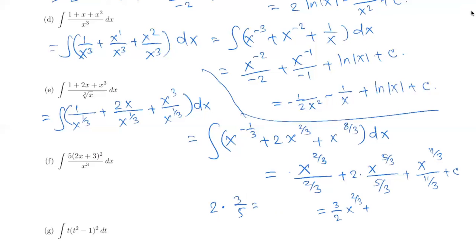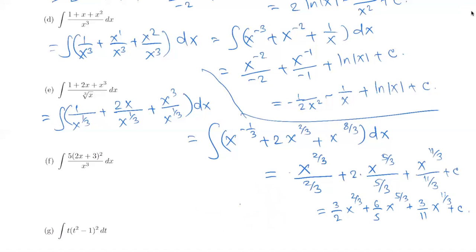When you multiply the tops, this is 6 over 5. So this is 6 over 5, x raised to 5/3. And 11/3 means 3 over 11. X raised to 11 over 3 plus c. Okay, and you may leave it here as well.